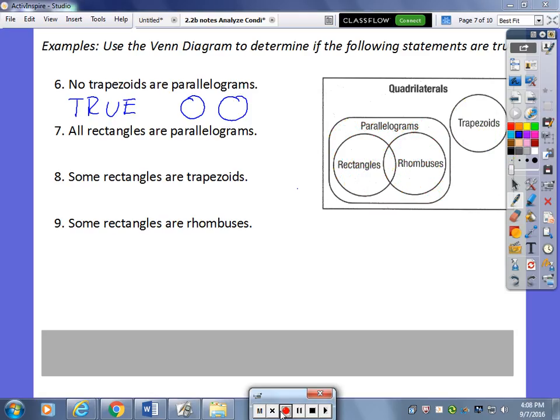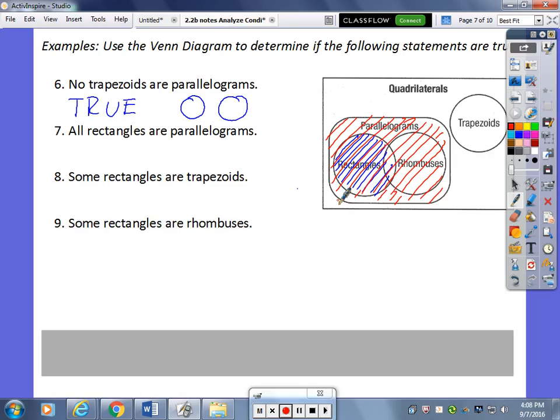The next statement says all rectangles are parallelograms. So let's look at all our rectangles, and those are the ones that are inside of this circle. And if we now look at where all the parallelograms are, shading that circle, it's not really a circle, but you know what I mean. You see that the circle representing parallelograms covers all of the rectangles.